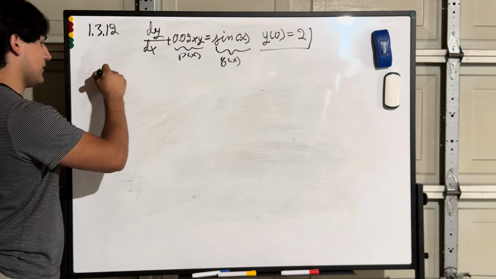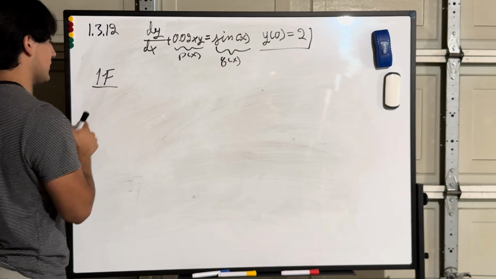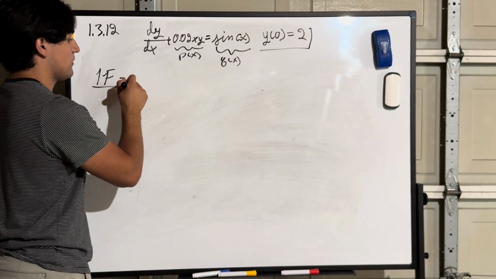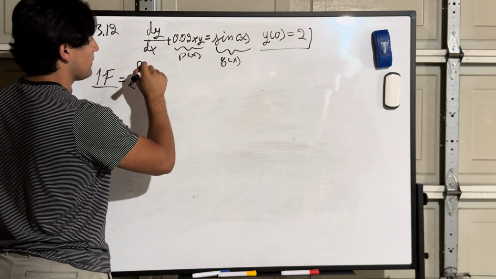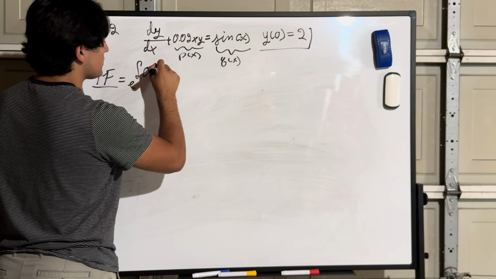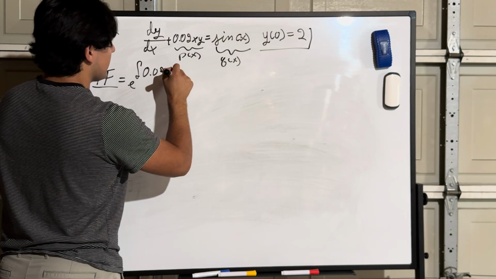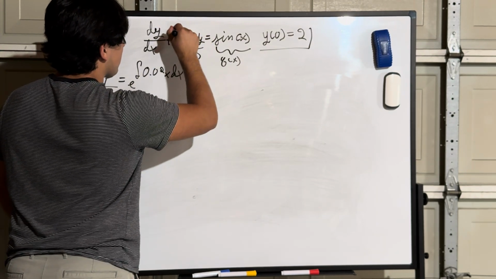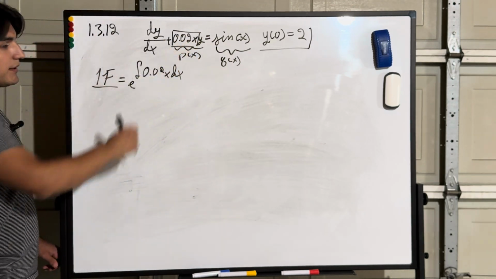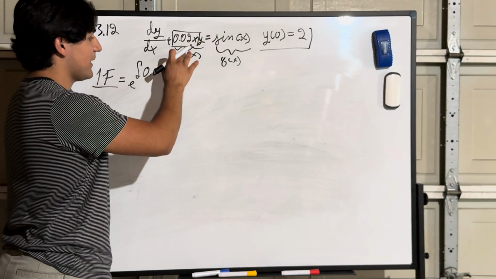So, as you might have assumed, find your integration function equal to e to the integral of 0.02 x dx. Remember this, sorry, I should probably do it. This whole thing that's not the y is your p of x. So the x is included.